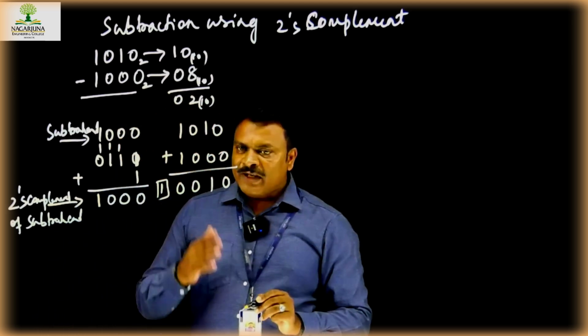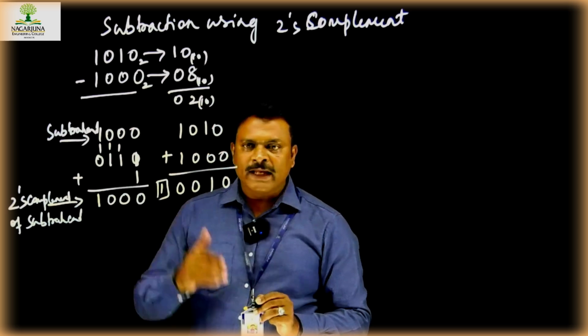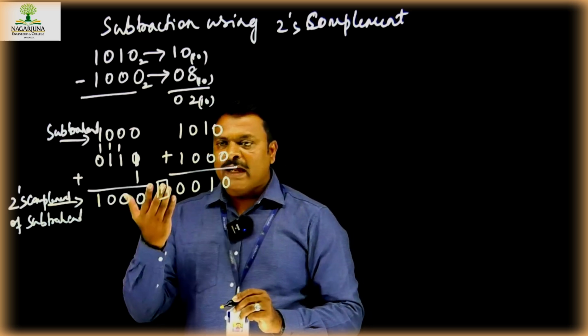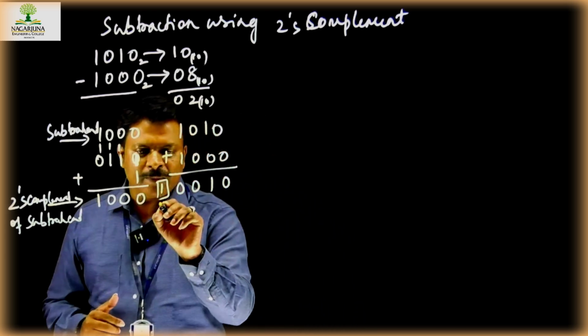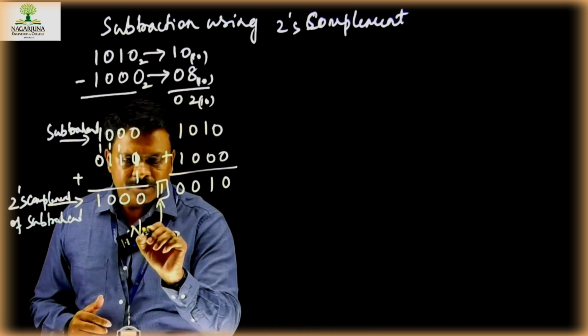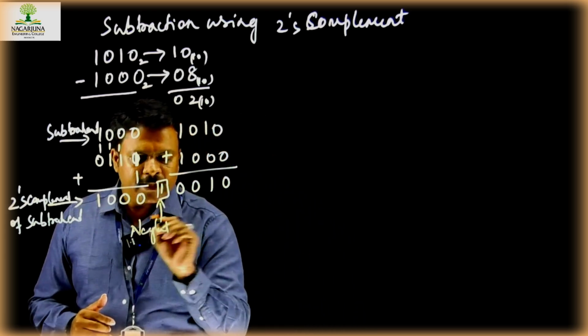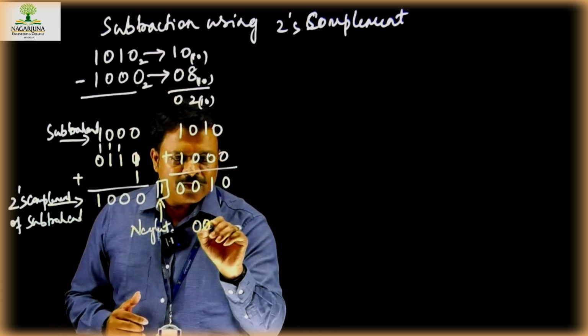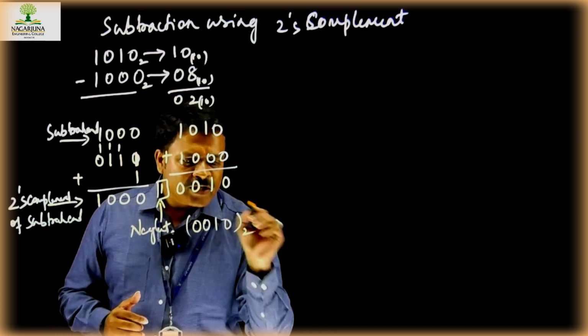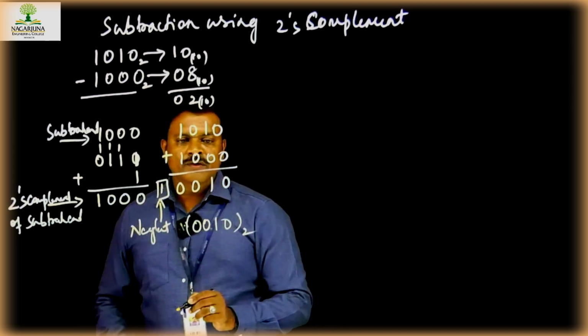In the previous case you got the carry and we added that carry to the first step answer, but here in the two's complement we are going to neglect the carry. Once we neglect it, you remain with 0010.